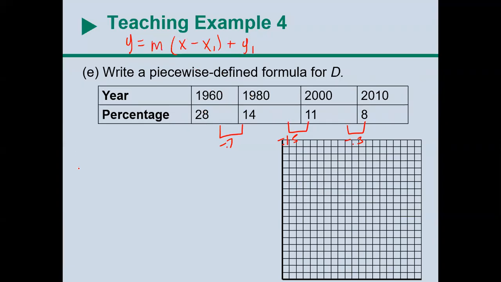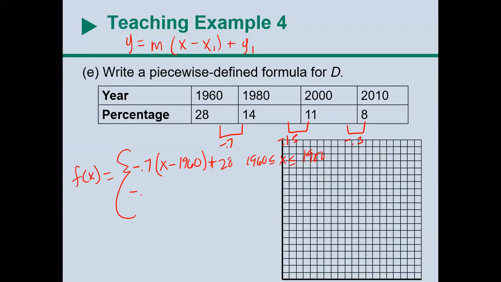So when I write my final function, so f of x equals, first one. So the first one, the slope is negative 7/10, parentheses, x minus, and it doesn't matter which one of these points I use. I'm just going to use the first one. And that's 1960 plus 28. And the interval from this is 1960 to 1980. Boom. That's that full on.